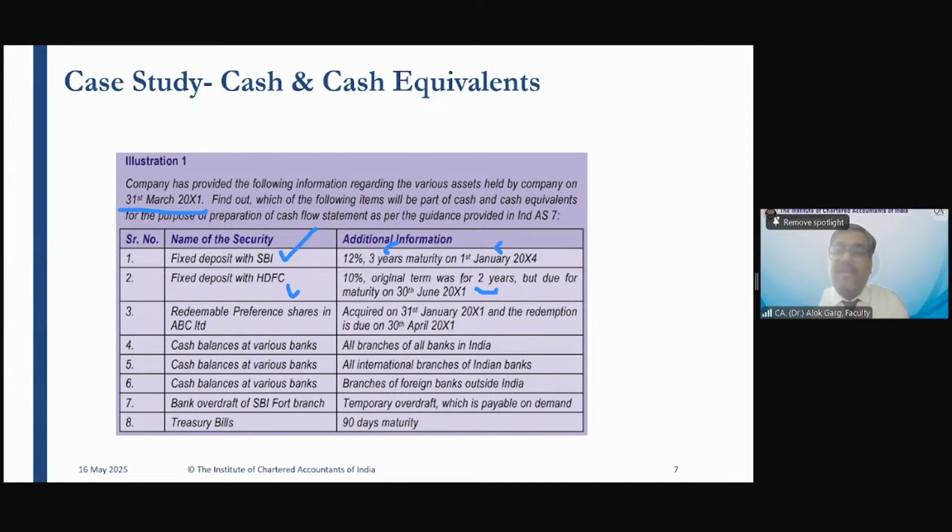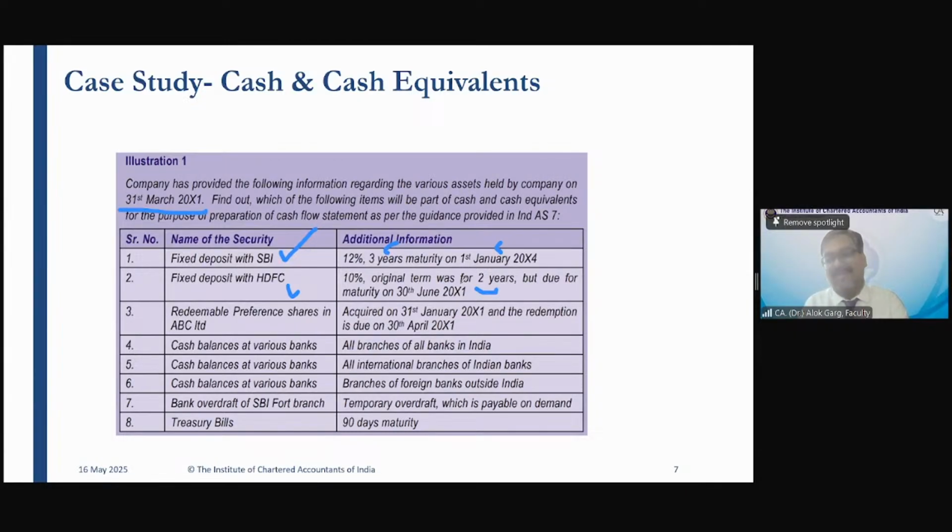But for getting into the definition of cash equivalent, the original maturity, when the deposit was made, should be 90 days, that is 3 months. But what was the original term for this fixed deposit? 2 years. So the original maturity was not 3 months.